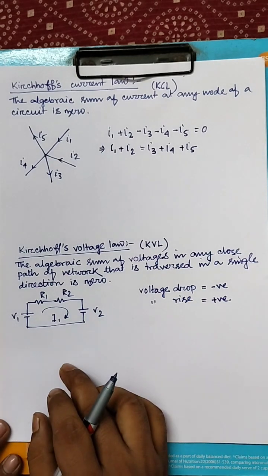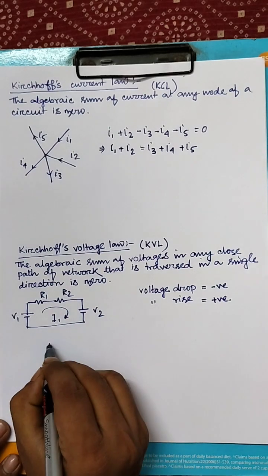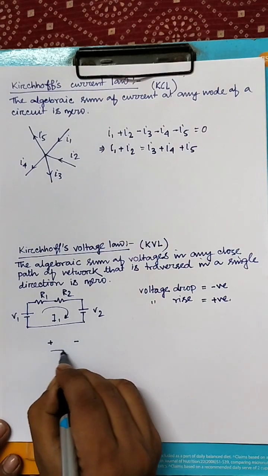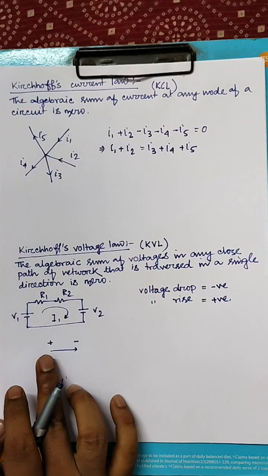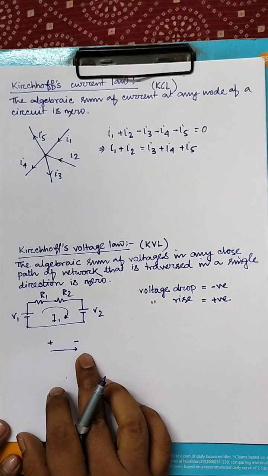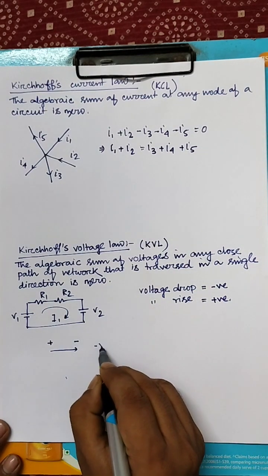If in the direction of current, there are two terminals having polarity positive and negative, meaning the polarity is changing from positive to negative, that means current is entering from positive to negative. Whenever it is changing from positive to negative, we consider it a potential drop or voltage drop, that means negative.